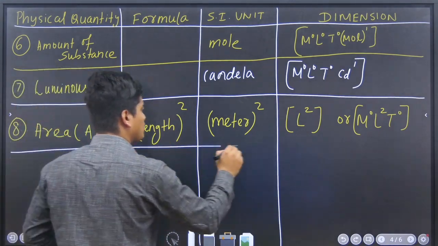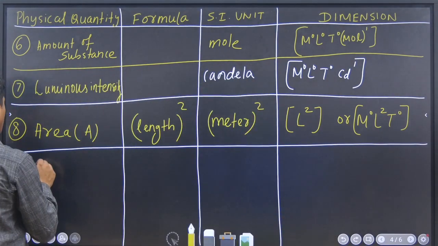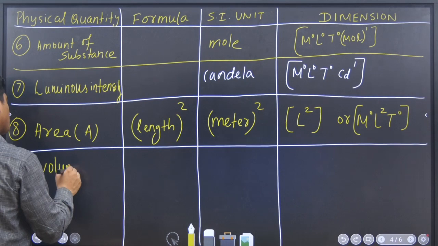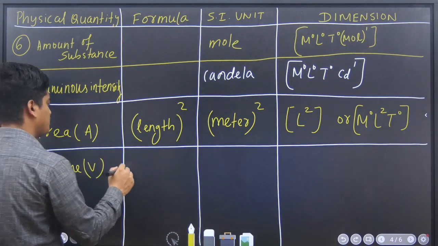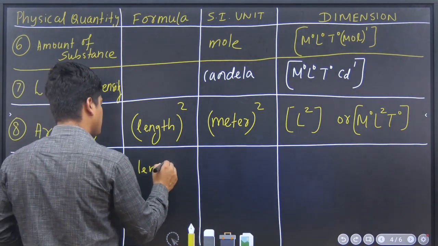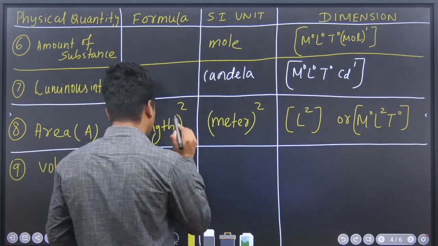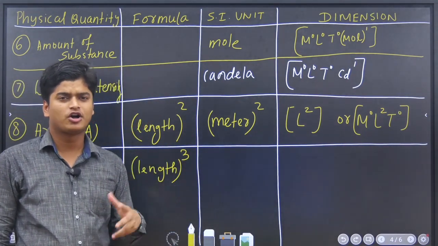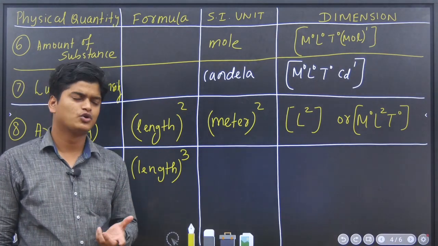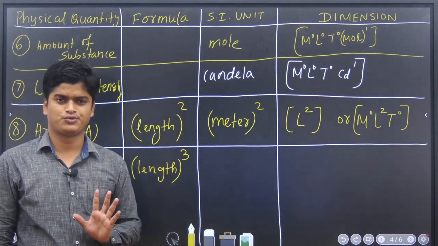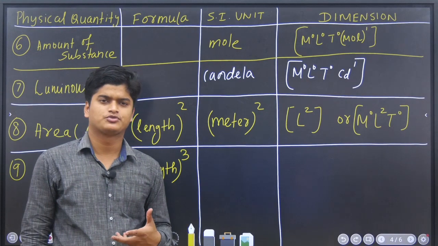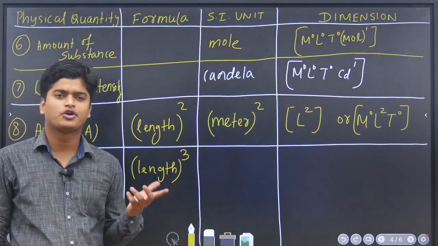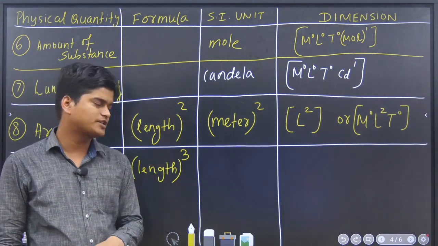Okay. Now come to the next, 9th one, we will go for volume. Volume is basically capital V. You can write this one as length to the power 3. According to the geometrical picture, the volume formula will be different. Suppose I take a cube, then it is length to the power 3. Suppose I take a sphere, that is 4 by 3 pi into radius cube.